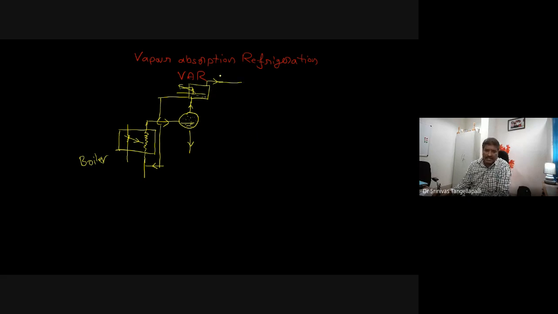Now our heading is the refrigeration system. How do we use this working fluid? We use it for the cooling purpose. What are the basic components of this cooling system? This may be a vapor absorption refrigeration system or a vapor compression refrigeration system. Their common components are the condenser, after the condenser, throttling, next, the evaporator.